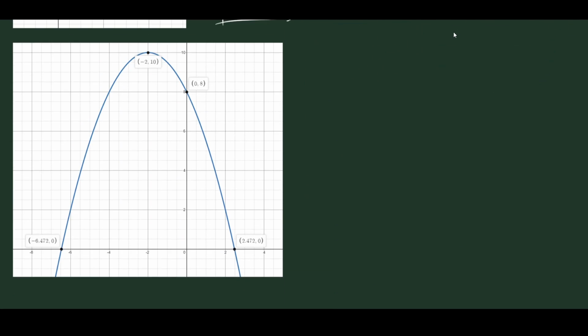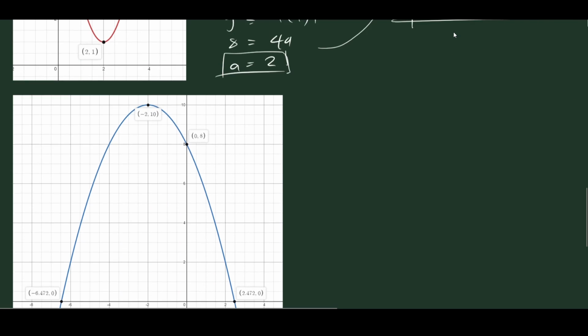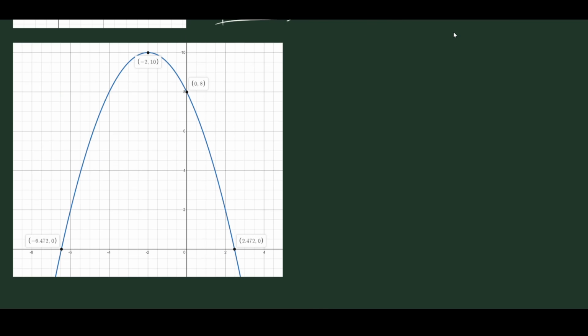Let's do another example. Here we have a parabola facing downward, and its vertex is to the left of the y-axis. Our vertex is at (negative 2, 10). Let's see how this equation looks.